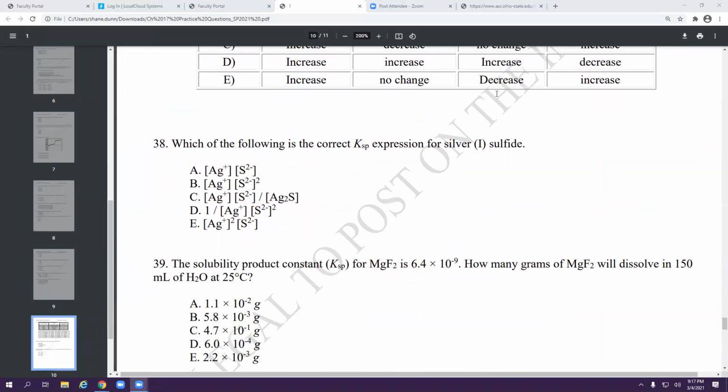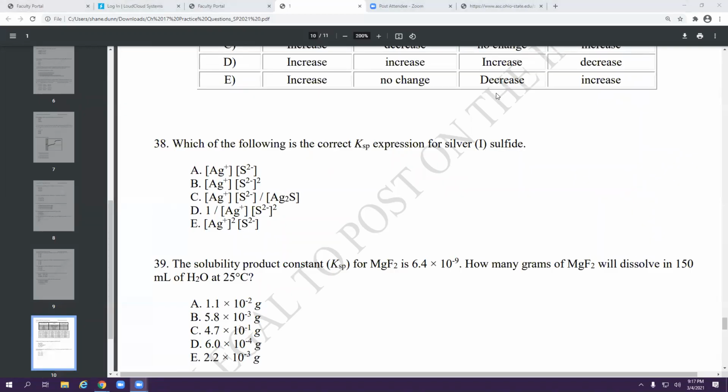Okay. Sulfur is in the same column as oxygen. What's the oxidation number of oxygen? -2, right? So the formula looks like this.